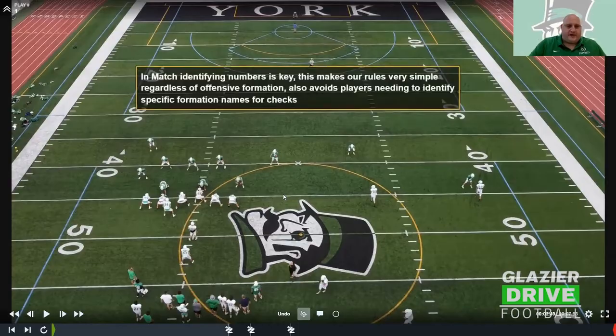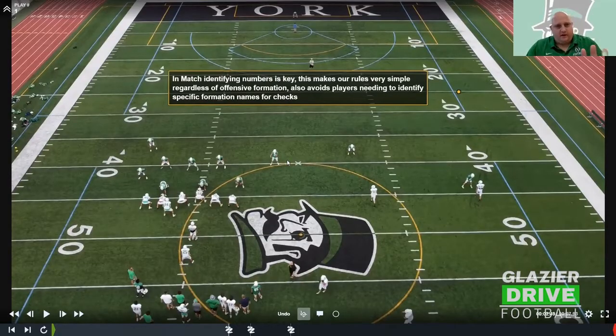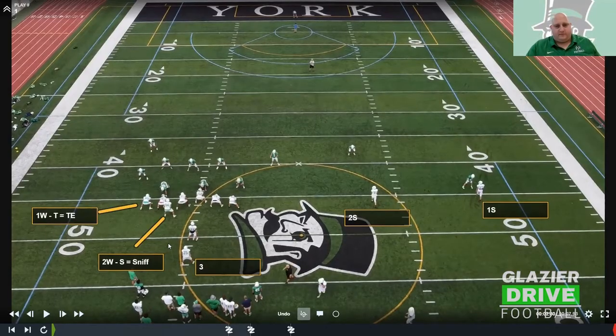So here's some formation ID. No matter what, we need to be able to identify numbers because our match rules are predicated on numbers. So who's number 1, who's number 2? This is the way we would count. So we always have a 1S and a 2S, 1 strong, 2 strong. If you are a field boundary team, you could call this 1 and 2 to the field, 1 and 2 to the boundary, but we prefer strong and weak.